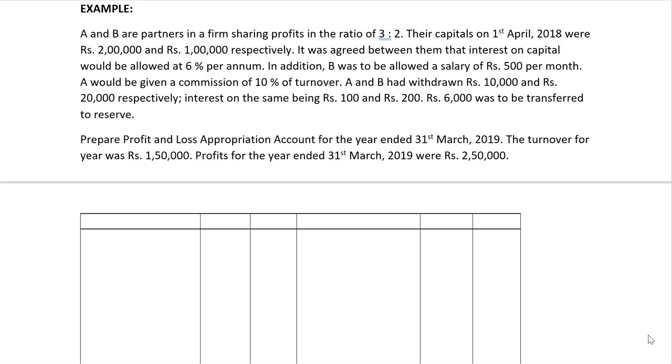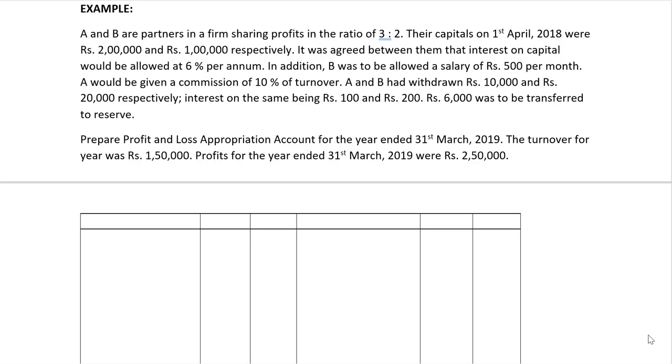A and B had withdrawn rupees 10,000 and rupees 20,000 respectively, and the interest on this drawing was for A rupees 100 and for B rupees 200. Rupees 6,000 was to be transferred to reserve. We are required to prepare the P&L appropriation account for the year ended 31st March 2019.